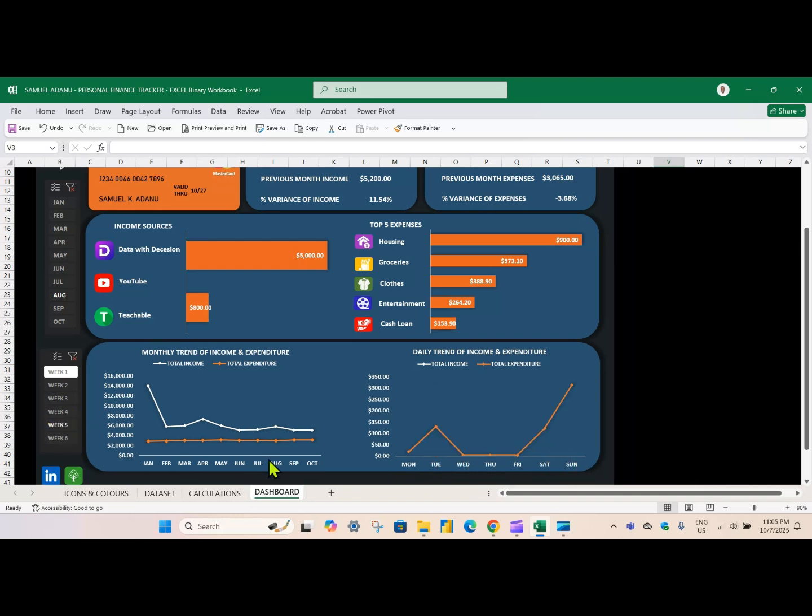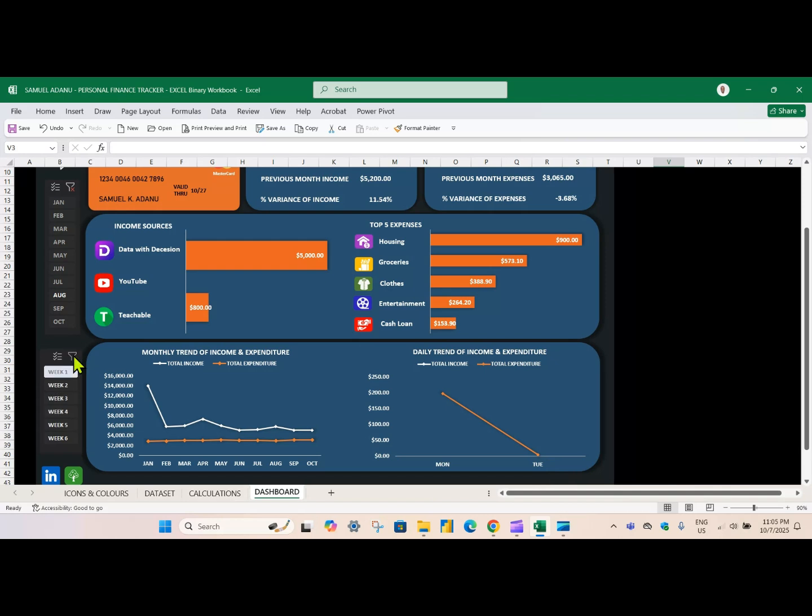Week 5, no income was generated on any day, but from Monday to Sunday, we made some expenses on a daily basis. Week 6, 2 expenditure items on a Monday and Tuesday.